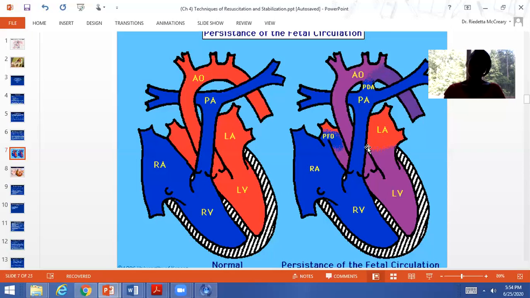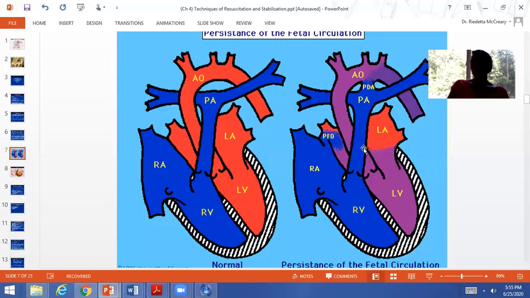As we discussed earlier when we did our review of circulation, once the fetus is born and is now a neonate, the left side of the heart has higher pressures than the right. But as you see here, with persistent fetal circulation, the right side of the heart has a higher pressure than the left. That's why blood is able to shunt from right to left through this foramen ovale.